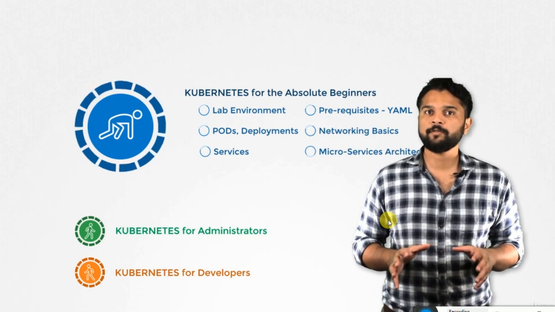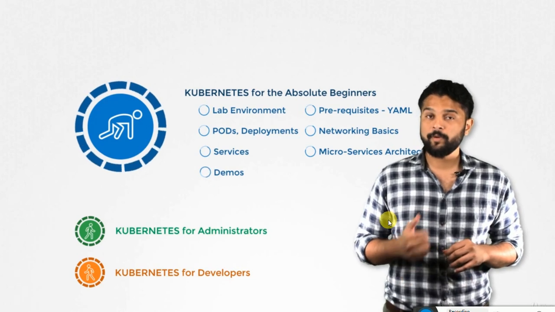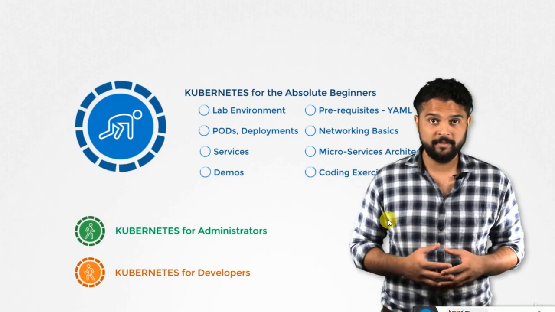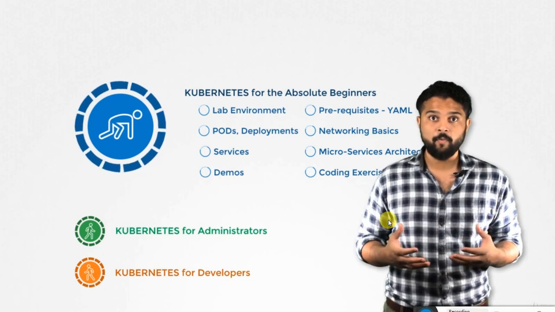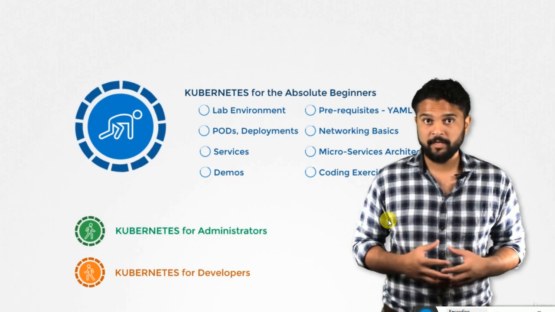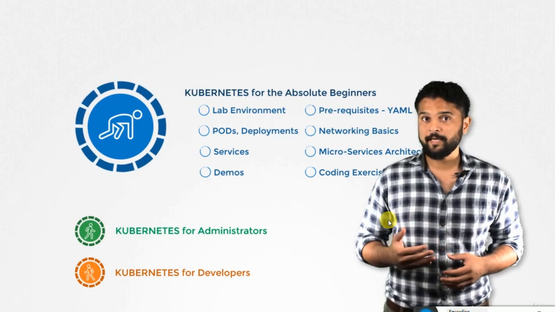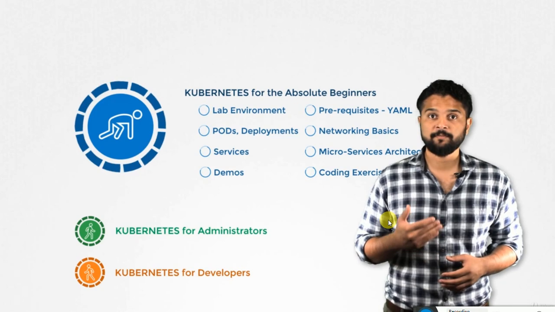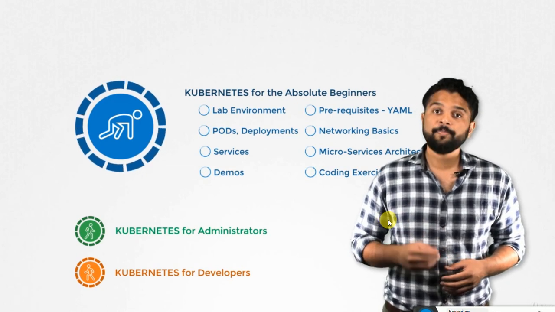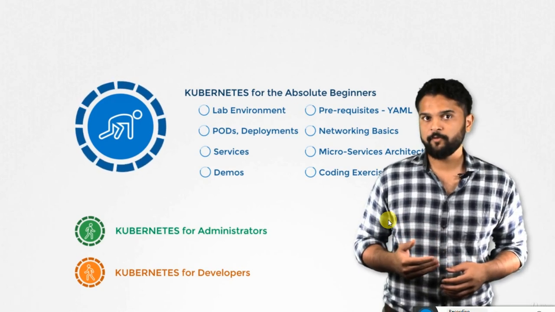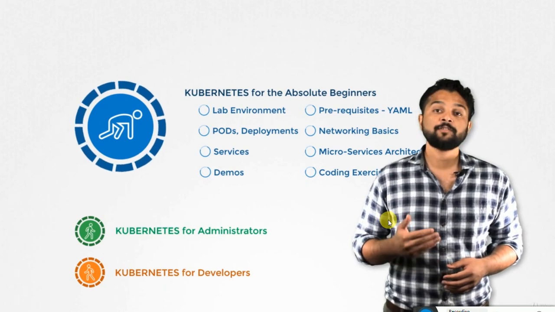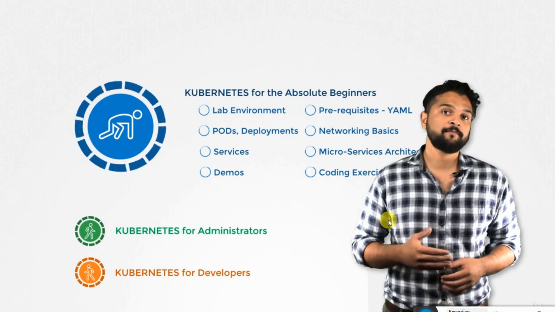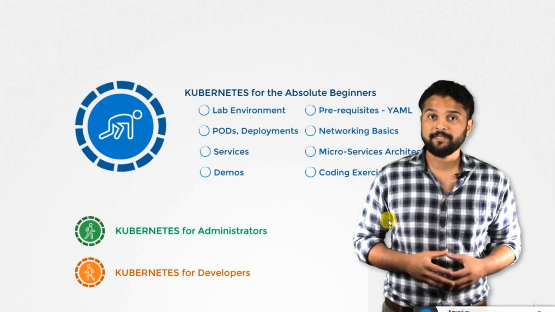Instead, we focus on a high-level overview of Kubernetes, setting up a simple lab environment to play with Kubernetes, learning the prerequisites required to understand and get started, understanding the various concepts to deploy an application, such as pods, replica sets, deployments, and services. This course is also suitable for a non-technical person trying to understand the basic concepts of Kubernetes, just enough to get involved in discussions around the technology.